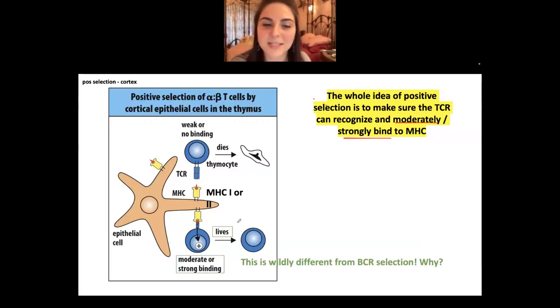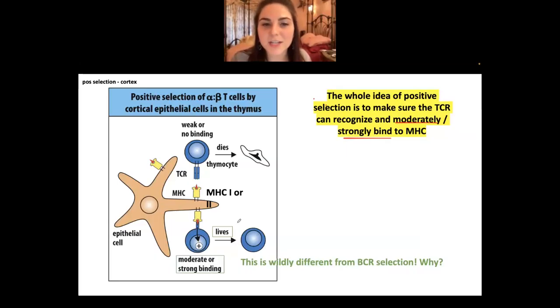Remember how I said that T cells can only see antigen in the context of MHC? Technically, MHC is self-antigen. It's your self, your body, right? It's found on every single organ in your body or your antigen-presenting cells. So you still need the T cell to recognize it.